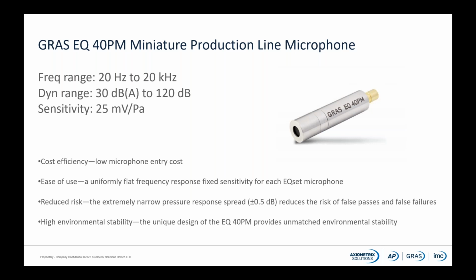Sensitivity variation between individual microphones is less than 0.2 dB from nominal sensitivity. The flat response is less than 0.5 dB up to 10 kilohertz, another huge improvement over traditional production line microphones, plus or minus 3 dB across the full frequency range.